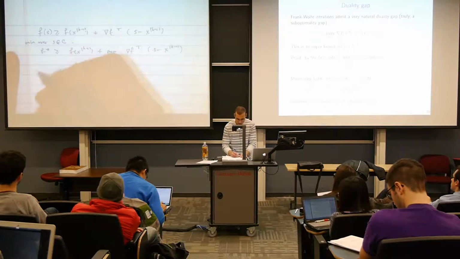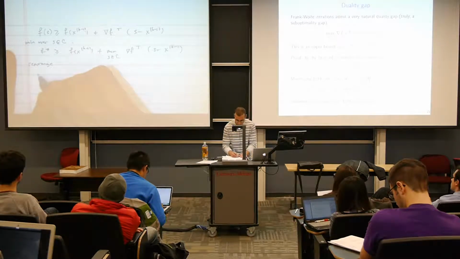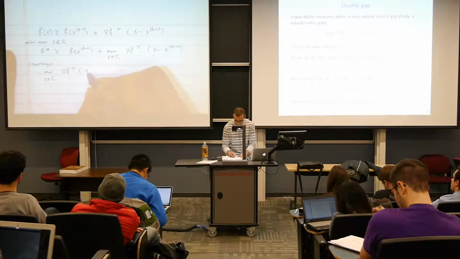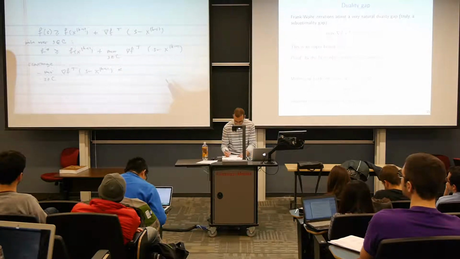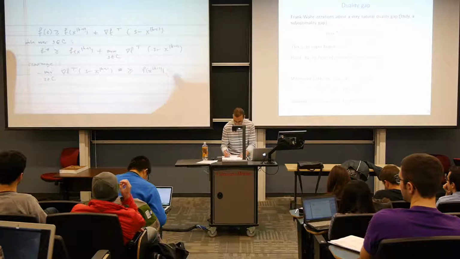And then if we just rearrange, that's what I was saying, you get minus the minimum of grad f transpose (s minus x k minus 1) is bigger than or equal to f of x k minus 1 minus f star.